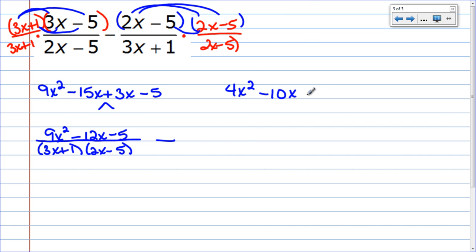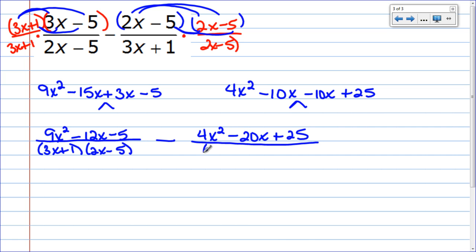Negative 5 times 2x makes minus 10x again. And then negative 5 times negative 5 makes plus 25. And just like before, I'm going to combine those two. So I get 4x squared minus 20x plus 25. And then the denominator should now match because I have the 3x plus 1 and the 2x minus 5.